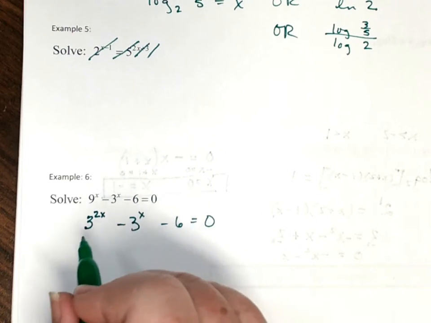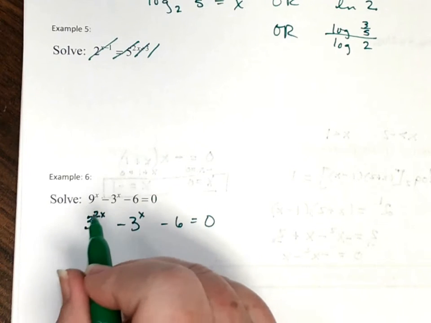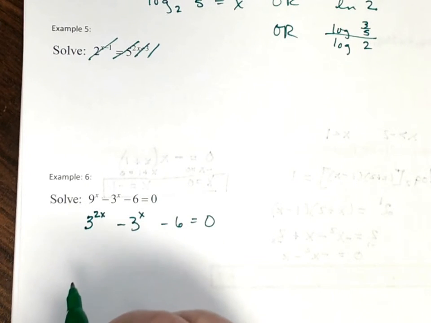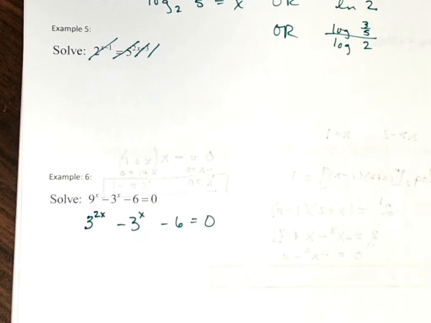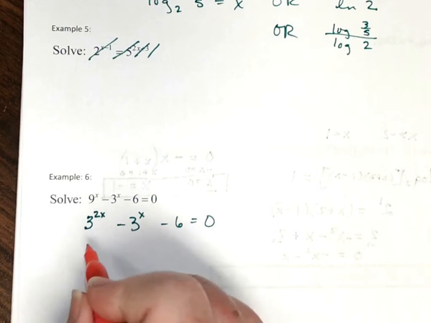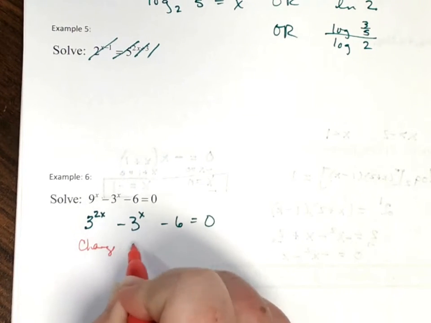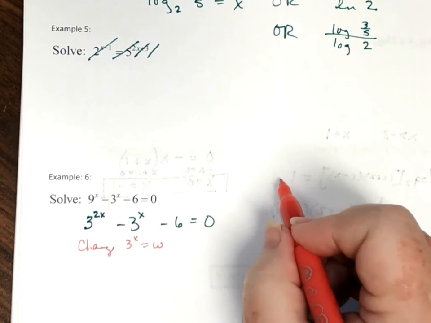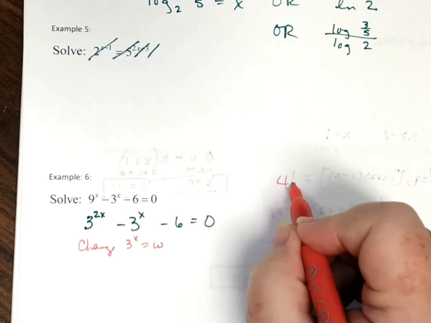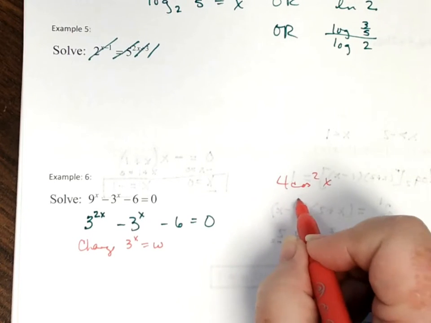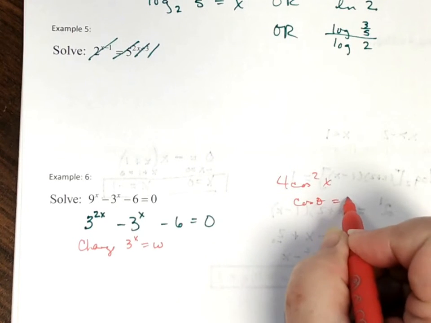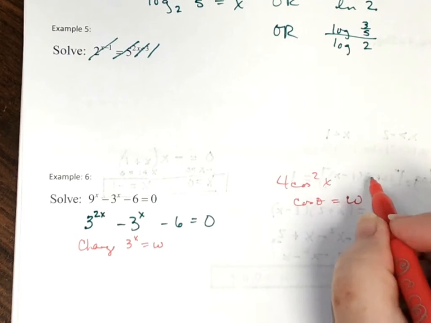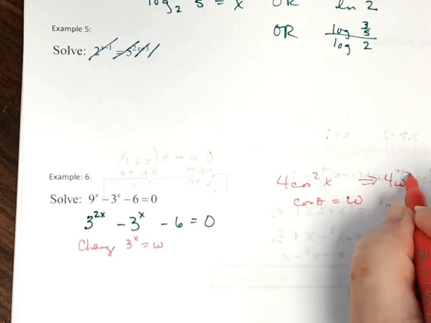What if I looked at this and told you I kind of see a quadratic in there? The way I'm going to see the quadratic is I am going to change 3 to the x for the letter w. Remember when we had 4 cosine squared of x, I told you you could replace cosine of x with just the letter w so that you could rewrite that as 4w squared?